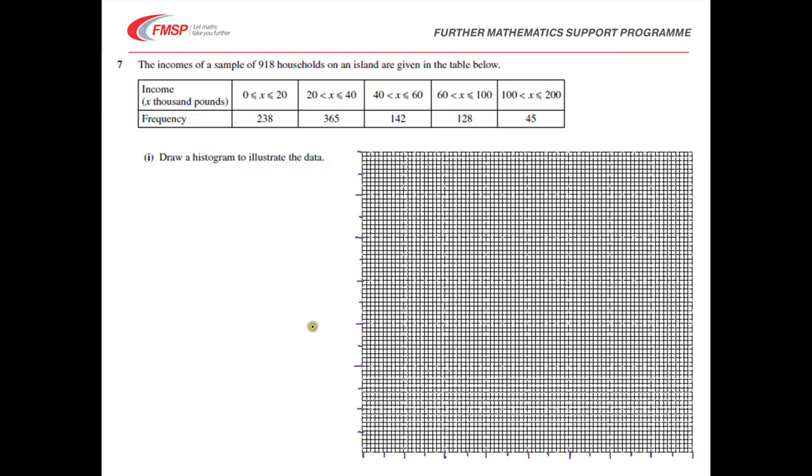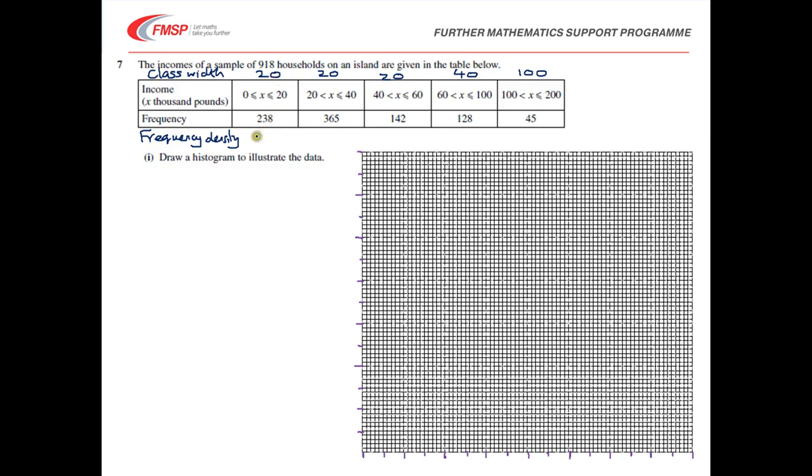Okay, so drawing the histogram. Well, the 2 things you need to add to your table are class width, so that's 20, 20, 20, 40 and 100. And then you need the frequency density, which is your frequency divided by the class width.